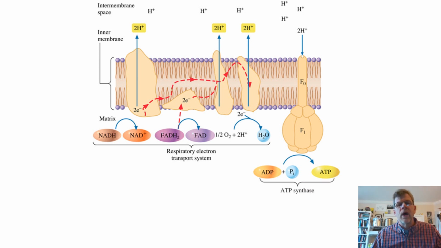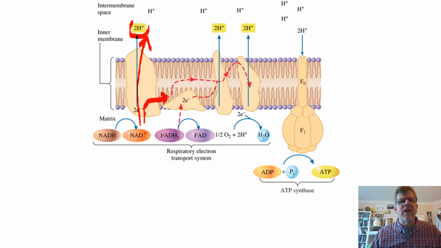transmembrane protein. What the energy lost in those electrons does is it powers a pump, and it pumps 2 hydrogen ions from the mitochondrial matrix into the intermembrane space. Every time we have a pair of electrons going through one of these proteins, it pumps 2 hydrogen ions into the intermembrane space.